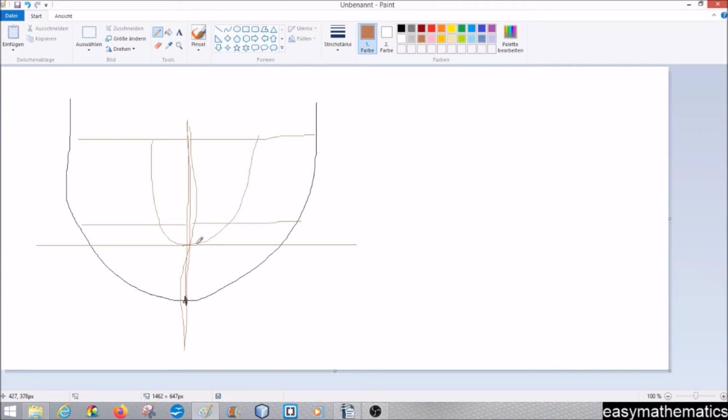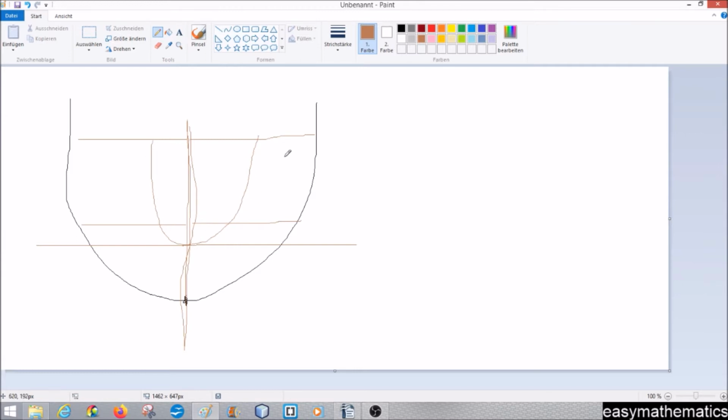If you take a general one and you move it and stuff like that, if you shift it, then we get the normal parabola.